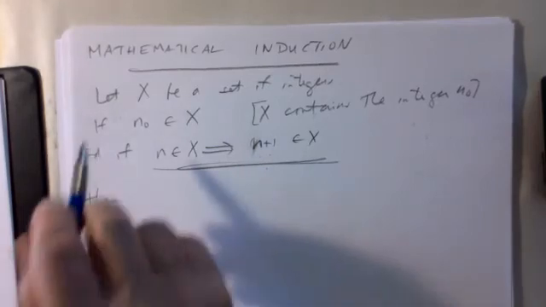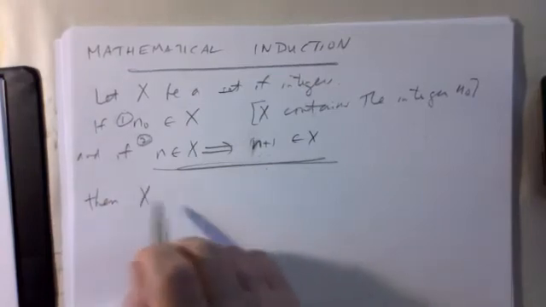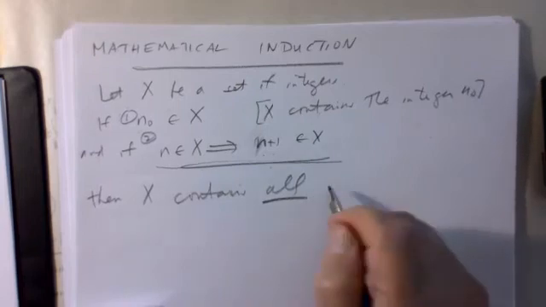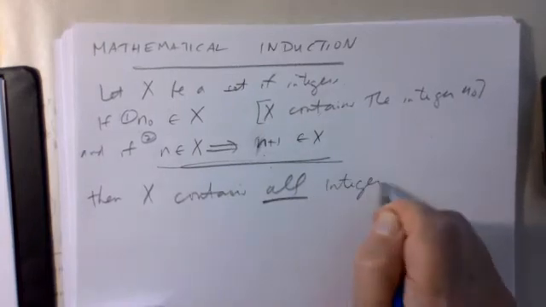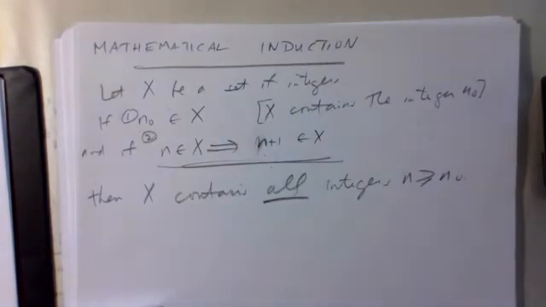So if both of these conditions are satisfied, then X contains all integers n greater than or equal to n naught.